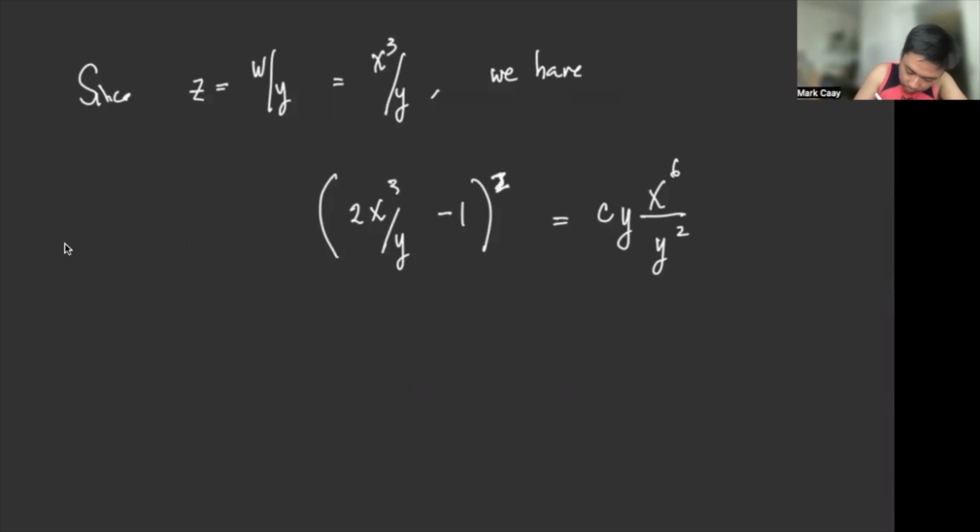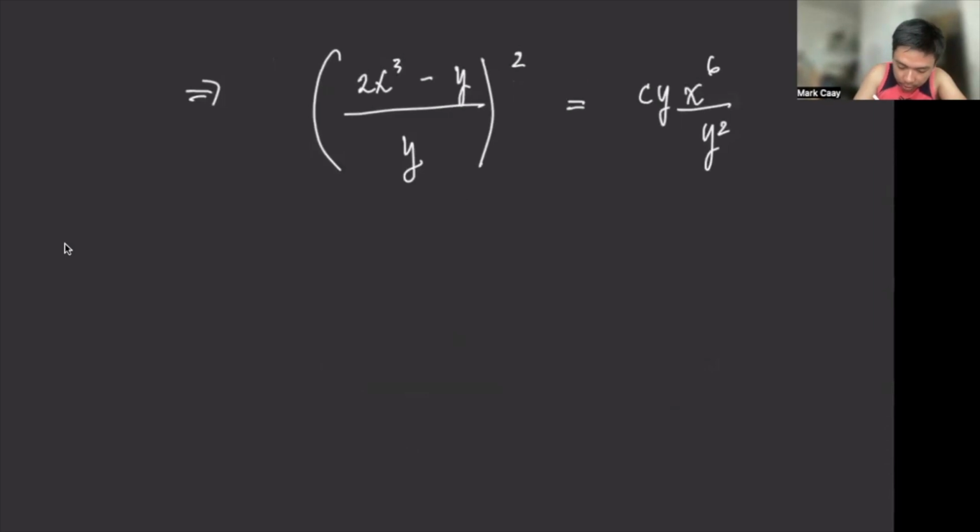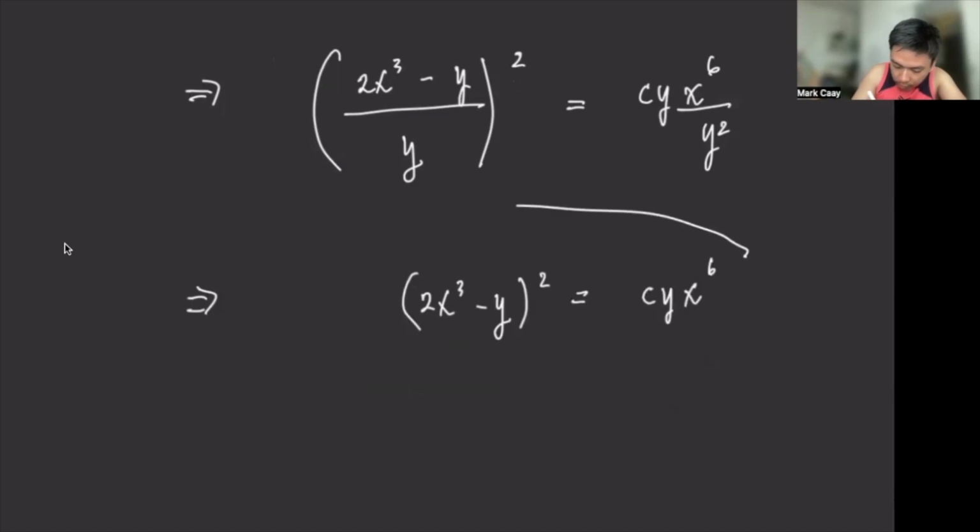And so, this is equal to 2x cubed minus y over y squared, which is equal to c y x to the 6 over y squared. So, removing the square on both denominators, I have 2x cubed minus y squared equals c y x to the 6. So, this is now your solution.